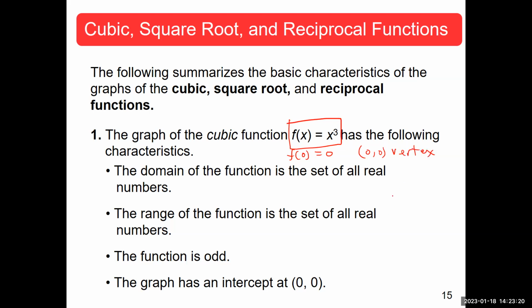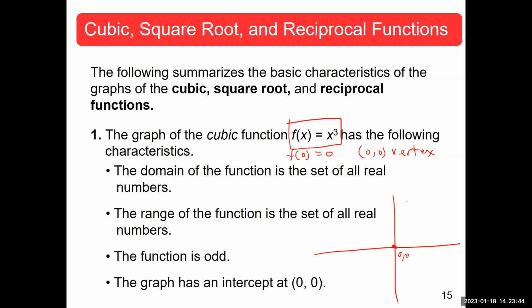How do you plot it? We need to remember the shape of this one is very easy. It looks like, I don't know, a flat S. And here is 0, 0. Normally it is symmetric.